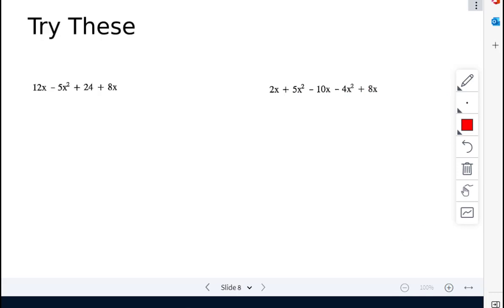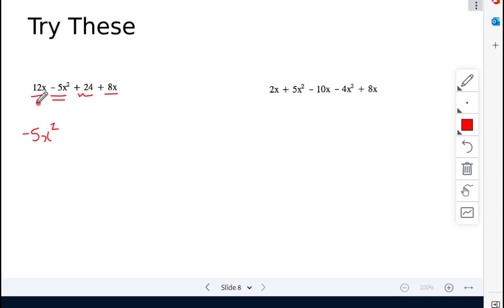I'm just going to try the first one here. So 12x would collect with 8x, and then we have negative 5x squared, which doesn't collect with anything else, and then we have the positive 24. All right, so putting this in descending order, I'd have my negative 5x squared first.